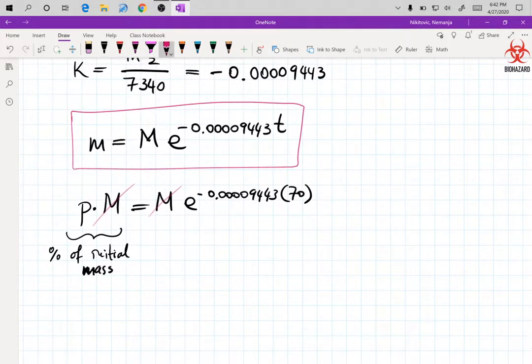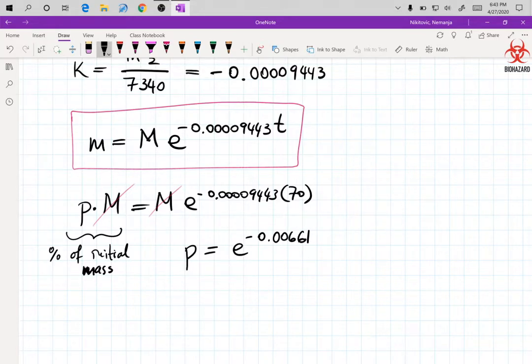So my percent P is a simple calculation of e to the negative, and now we multiply these numbers. So this times 70 first gives me 0.0066103 blah blah blah.